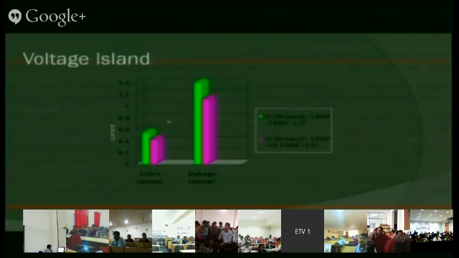In the green one, the voltages of the core and peripheral are both 1.32. But in this violet color one, the peripheral has been reduced to 1 volt. This means in the green one, both the peripheral and the core voltages are same.